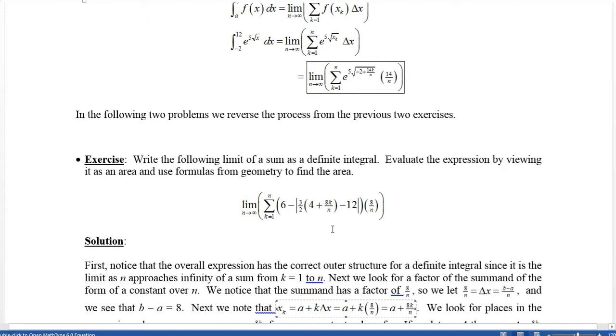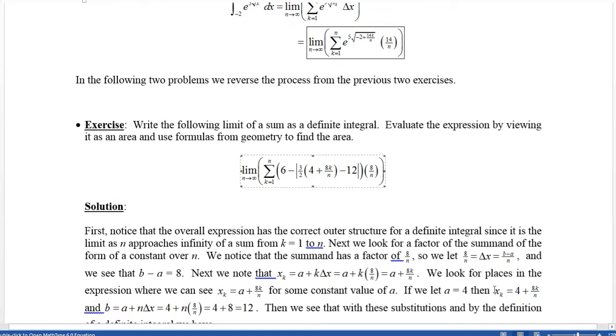Well, hopefully you recognize that, hey, here inside this parentheses we have 4 plus 8k over n. Well, that might indicate that that was a plus 8k over n. If we do that, then a has to be 4. And of course b minus a equals 8. So b minus 4 equals 8, b equals 12.